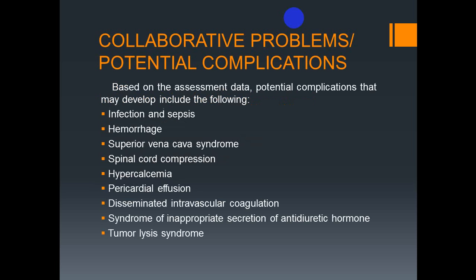We have to talk about the collaborative problems, which are potential complications for the patient with cancer based on the assessment data. Potential complications that may develop include the following: infection and sepsis, hemorrhage, superior vena cava syndrome, spinal cord compression, hypercalcemia, pericardial effusion, disseminated intravascular coagulation, syndrome of inappropriate secretion of antidiuretic hormone, and tumor lysis syndrome.